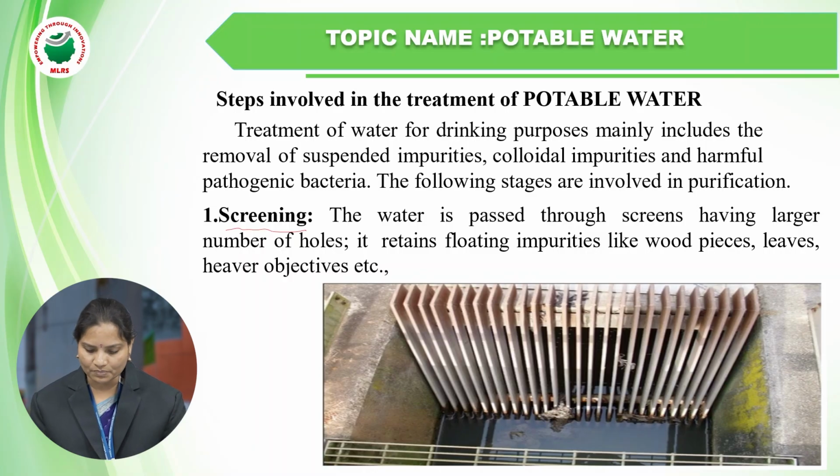Here we have to observe this image. There are a number of holes, and we pass the water through them. Then items like sanitary items, plastic bottles, plastic caps, and other bulk, heavy impurities like wood pieces, leaves, heavier objects, or floating impurities are eliminated by this screening process.